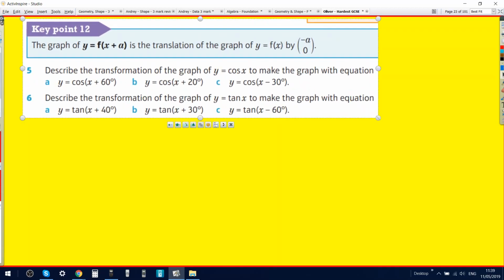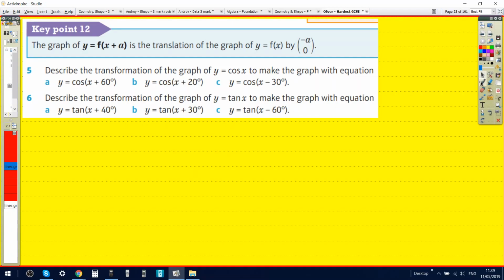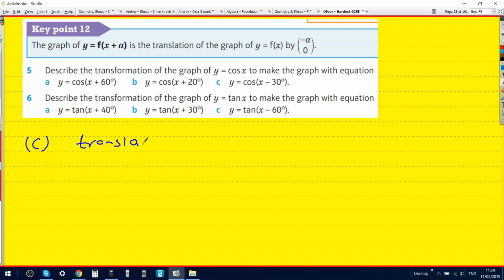So describe part C. It's moved translation minus 40, 0.